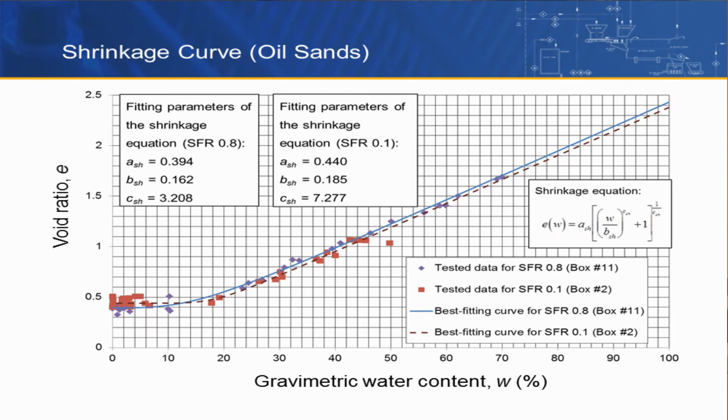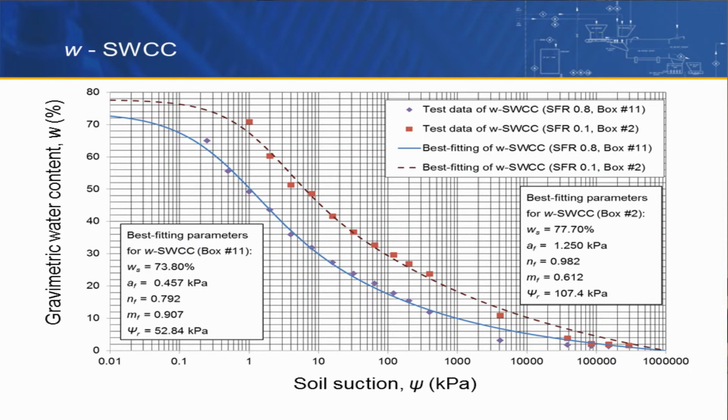So the first step is, we have the measured data from a shrinkage test, and we use Fredlund's shrinkage equation to best fit these test data to construct a mathematical relationship between the void ratio and the gravimetric water content.